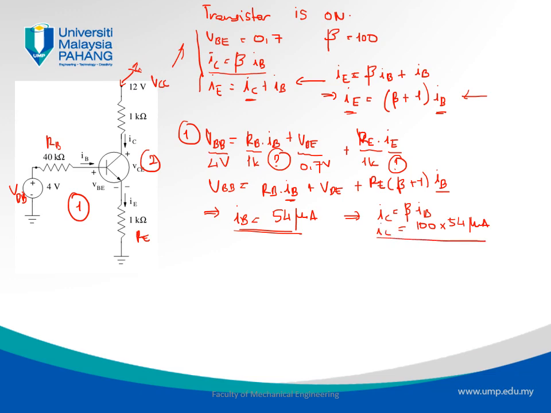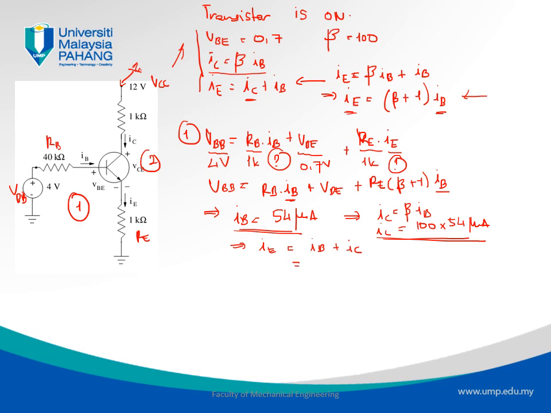So now we have two things, IB and IC. Knowing IB and IC, what we can know next is basically IE. So IE is IB plus IC.